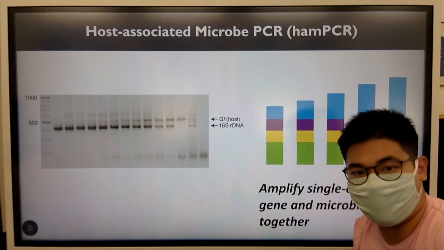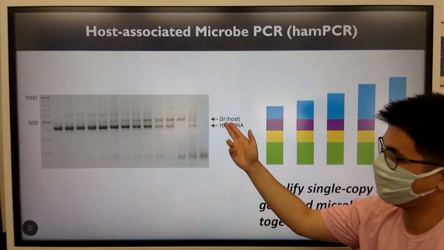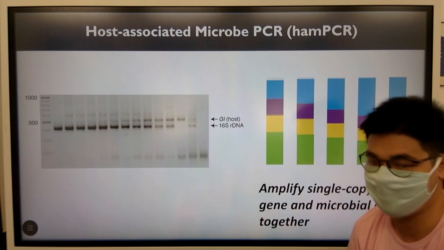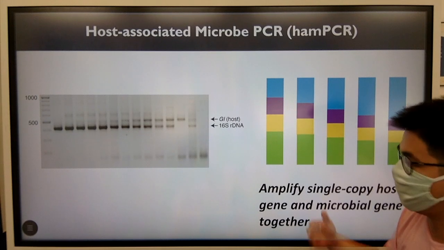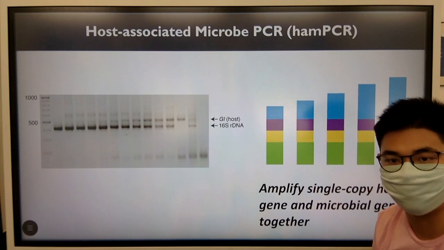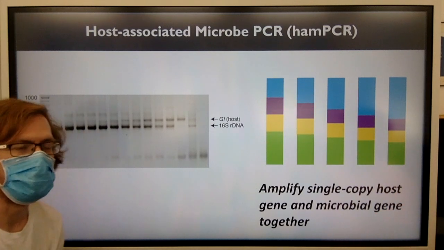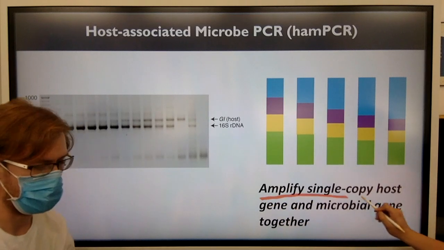And that is the case for hamPCR, where we get 2 amplicon types. The first type is for the host, and the second type is for the microbes. That way we are able to calculate microbial abundance based on a normalized, or equal, host amount. Furthermore, because we use a single-copy host gene, the amount of plant DNA is manageable.